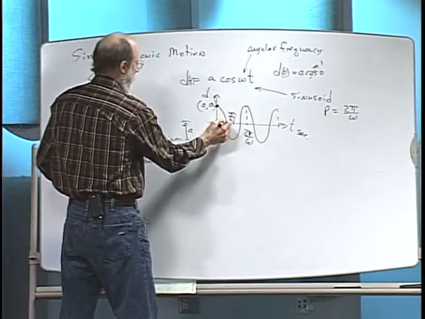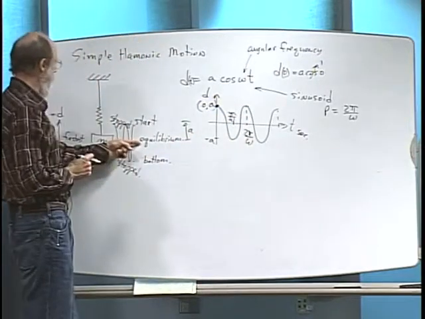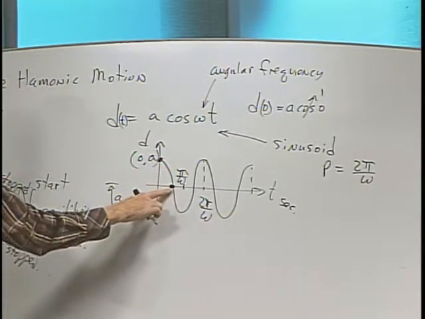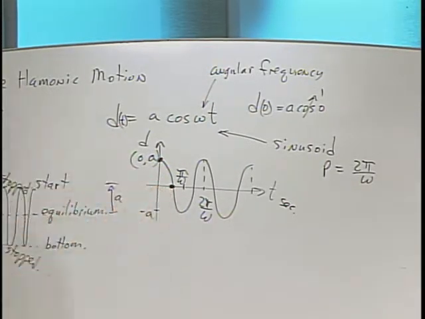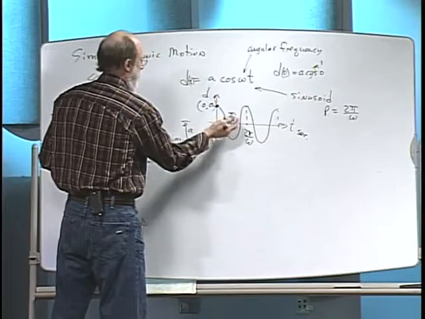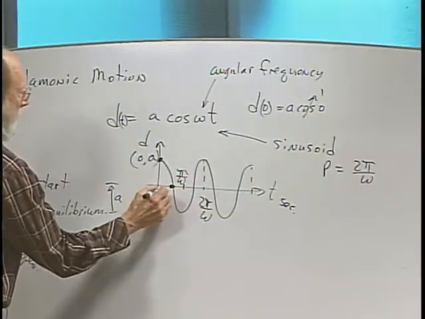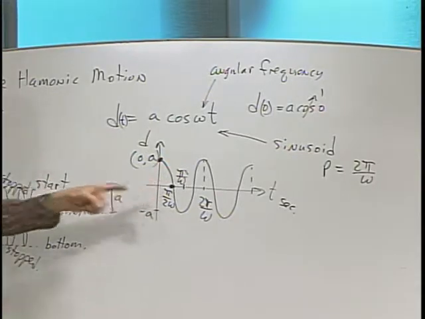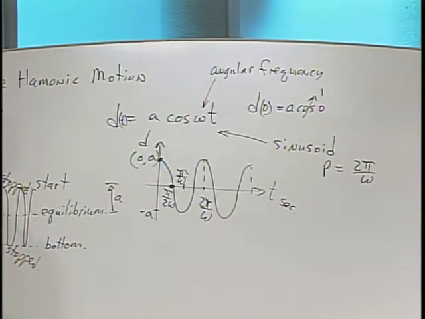The time it takes to pass through its equilibrium position is going to be right here, because d would then be 0, which is the way we set this model up. So if you took half of pi over omega, you're going to have pi over 2 omega as the point in time where it passes through the equilibrium location.